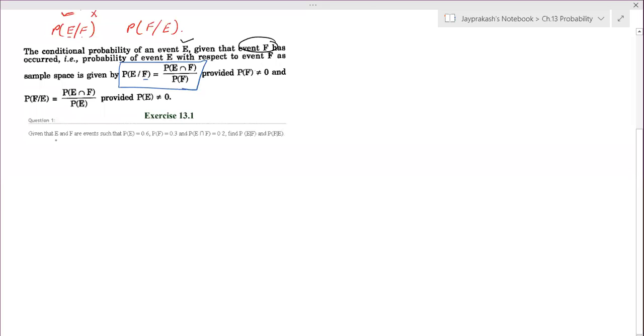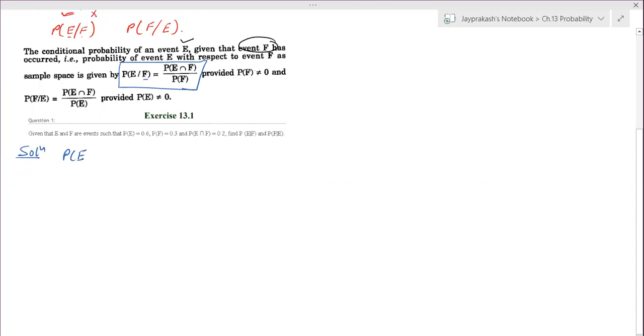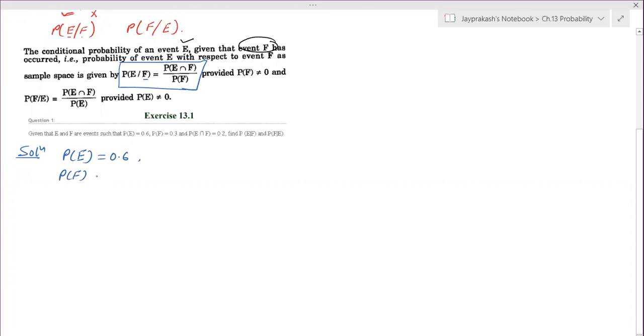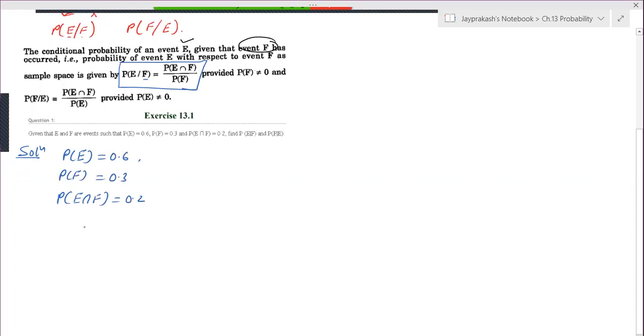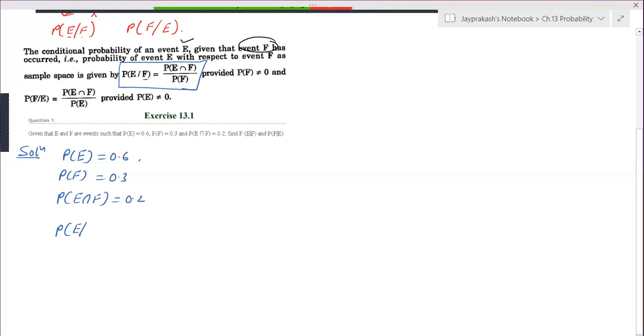Okay, so the first question: given that E and F are events such that P of E is 0.6, P of F is 0.3, and P of E intersection F is 0.2. Now we have to find P of E when F has occurred or F is given.